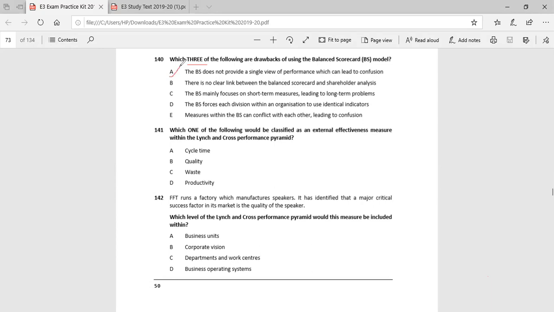Then E, you say measures within the BSC can conflict with each other, leading to confusion. Yes, this is also appropriate. One more you have to select.